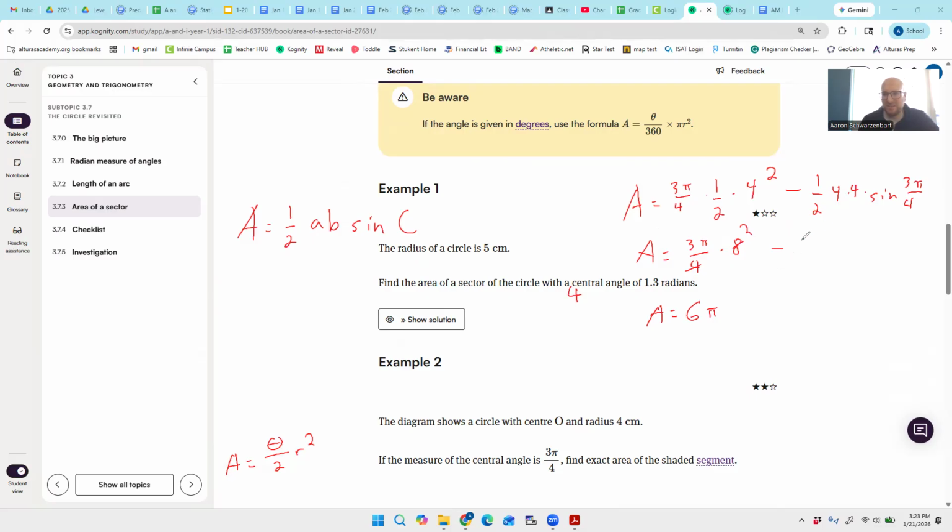Minus half of 4 times 4 is 8, times sine of 3 pi over 4. Sine of 3 pi over 4, if I look at my unit circle, it's over here, it's 45, so that is square root of 2 over 2. Those will cancel and become a 4. 6 pi minus 4 square root of 2, which is the answer it wants. It's approximately 13.2.